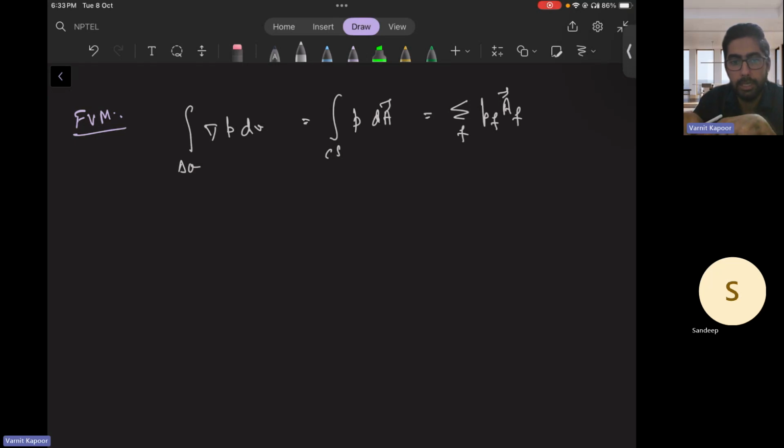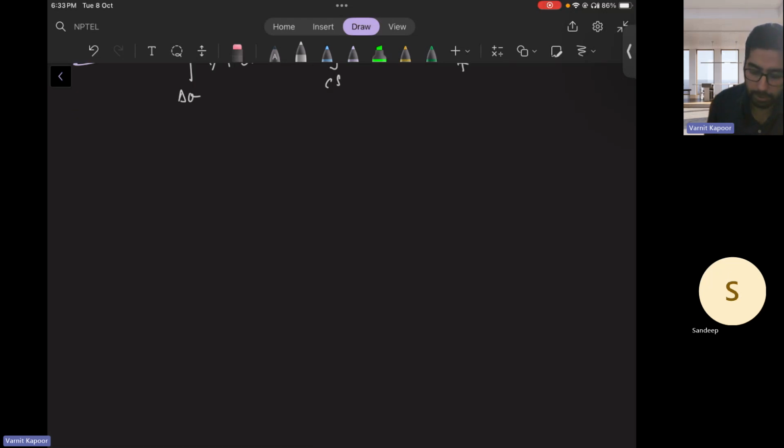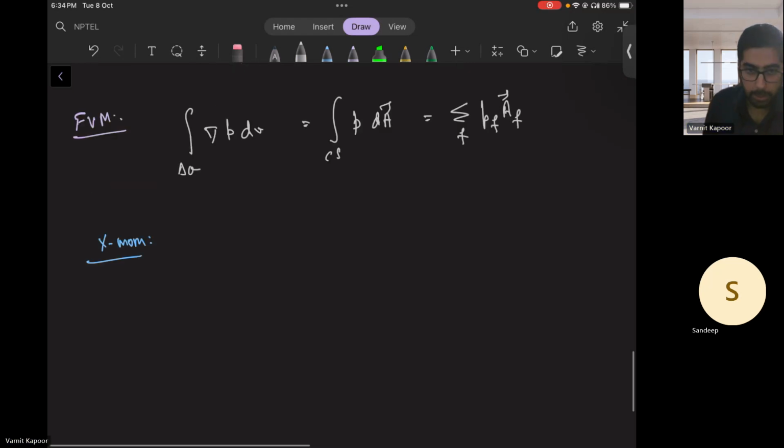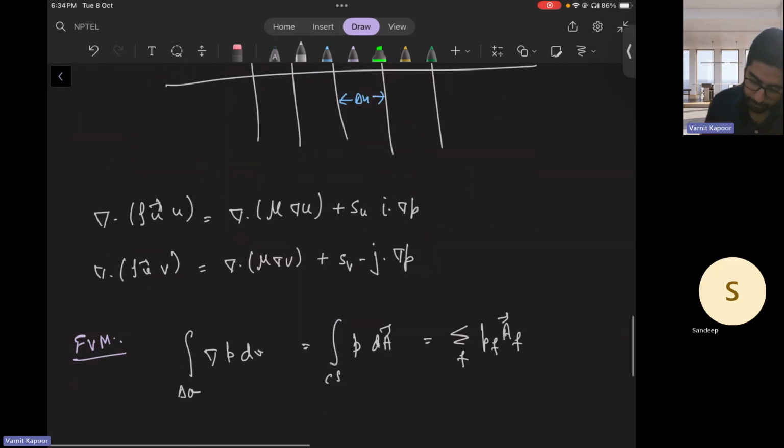Then if you want to write this PE for that particular face, that can be east, west, north, south, corresponding to that. So in the x momentum equation, how will you write it? It is minus i dot del P dV over the control volume. This was our expression here of the momentum equation.